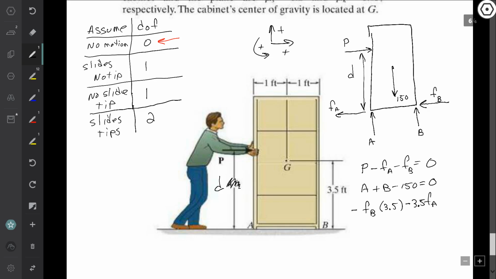I have a positive B times 1, and I have a negative A times 1, and then I have that force P, so I have P times his moment arm, which is D minus 3.5, and that would be negative. And all of that is equal to 0 because there's no angular acceleration either.